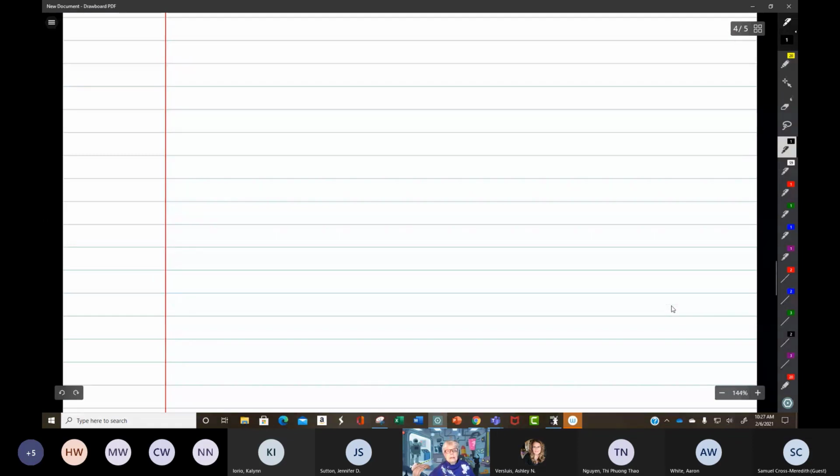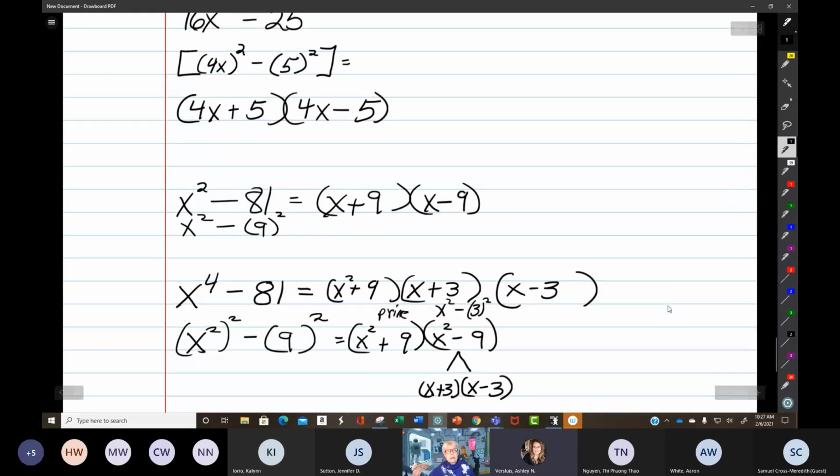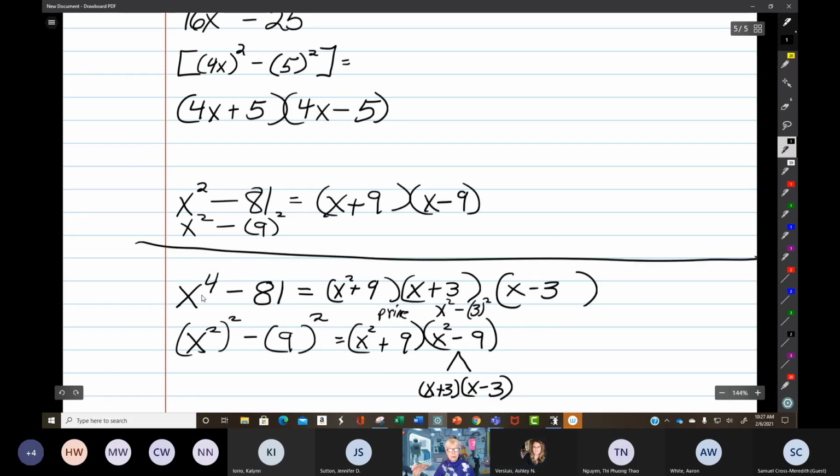Professor? Yes. Did we start off with x squared minus 81? Yes, and it just factored like that. So why down below on the third line does it say x to the fourth minus 81? Well, because I rewrote the problem. This is how it would be different.